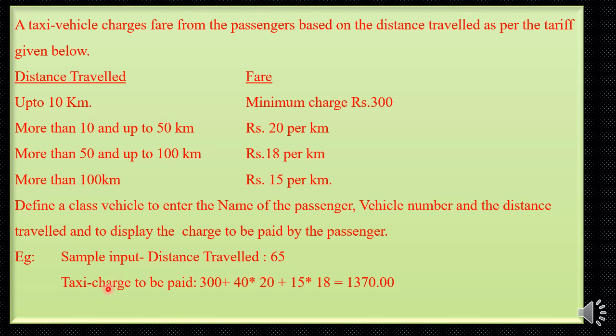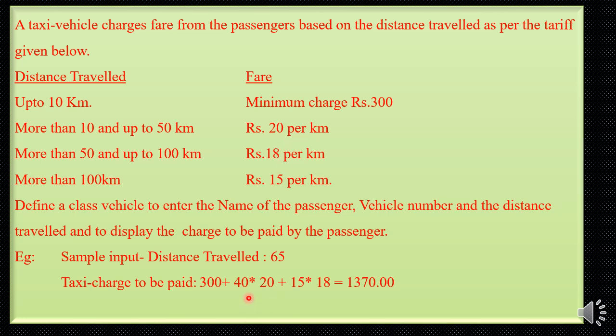The taxi charge to be paid by the passenger is 300 plus, what is this 300? This is the minimum charge, plus from 11 to 50 there is 40 kilometer. For that 40 kilometer, it is charged as per the given tariff 20 rupees per kilometer.